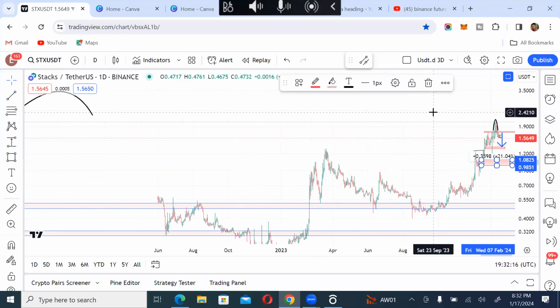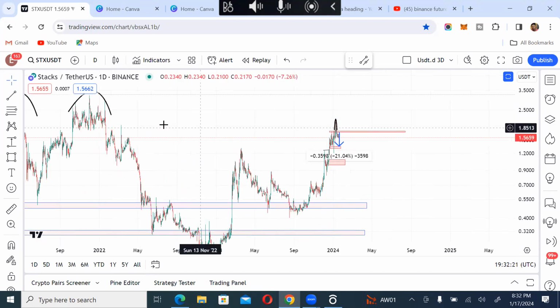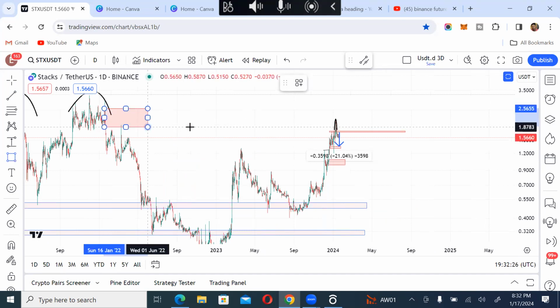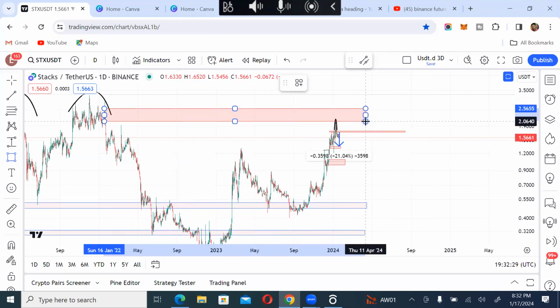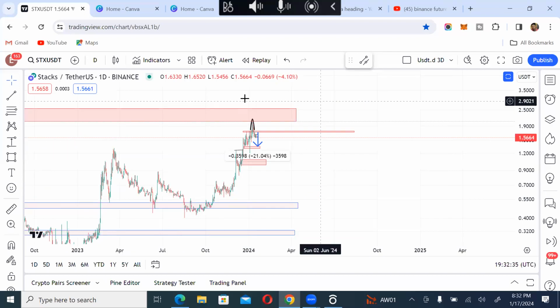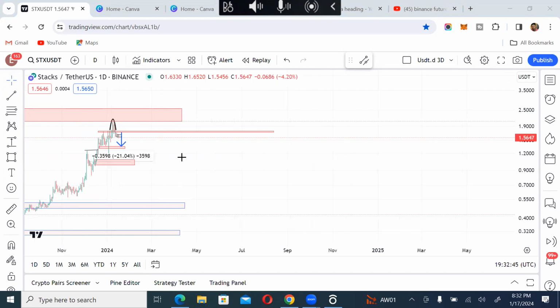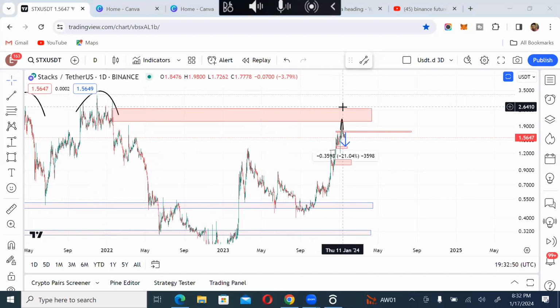Now, if I zoom this thing out, you are going to see that this point now, it came back to this other block here. It came to take liquidity back from this other block. So you see, it came to take liquidity out from this other block.